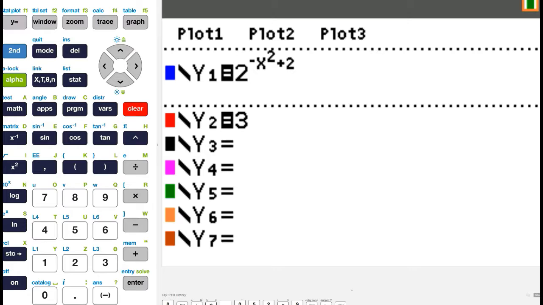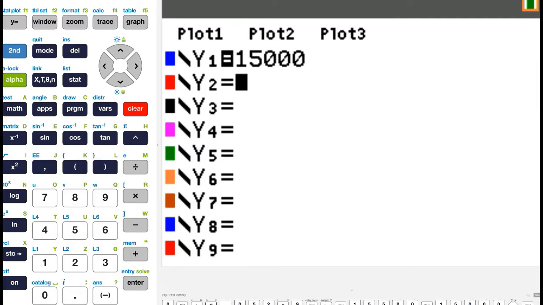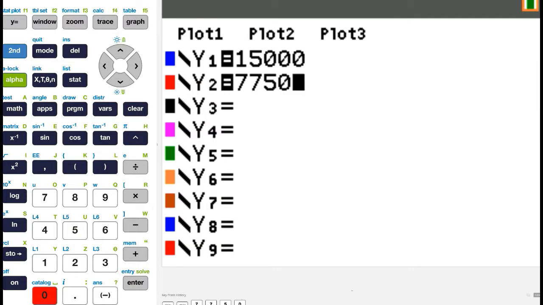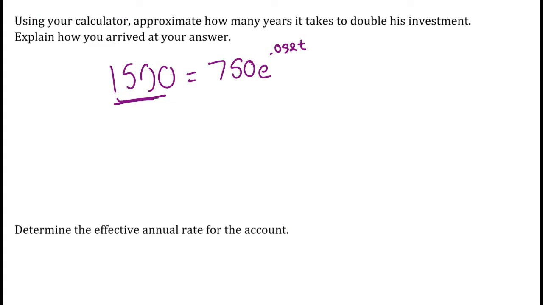In y1, we can put 1500. In y2, we can put that other function, 750 e to the 0.052 x. In y1, I put this side of the equation. In y2, I put the second side of the equation.